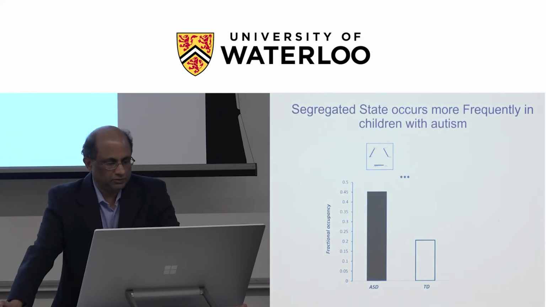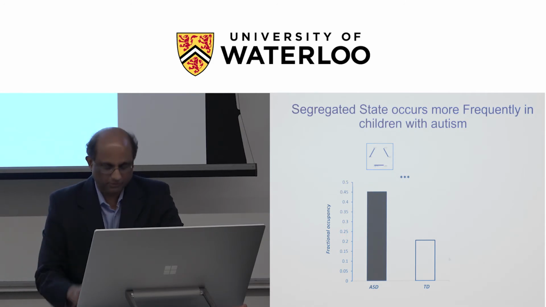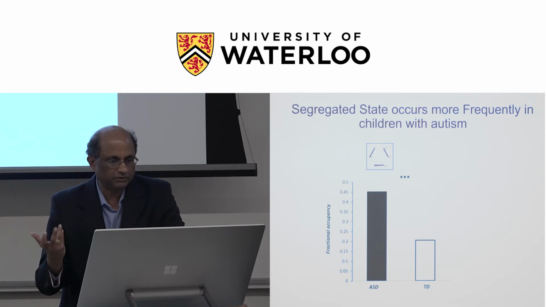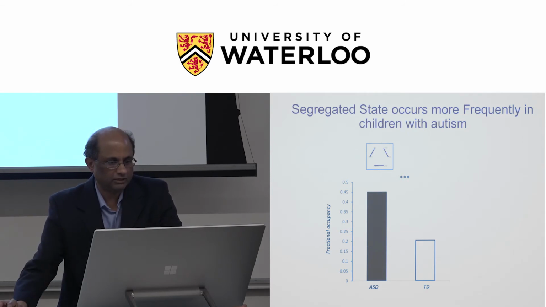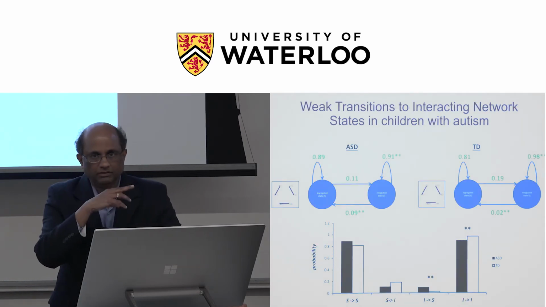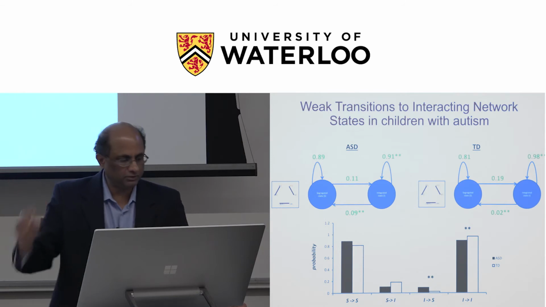And this is just shown here, that the children with autism tend to stay in the segregated state where the networks are not talking to each other. It's a model for thinking about how hyperactive circuits might really be dysfunctional. It's just hard to engage and have crosstalk between these systems. That's the general idea. And that's also what we hinted at when we looked at the social oddball task.